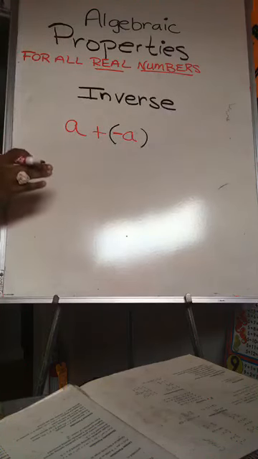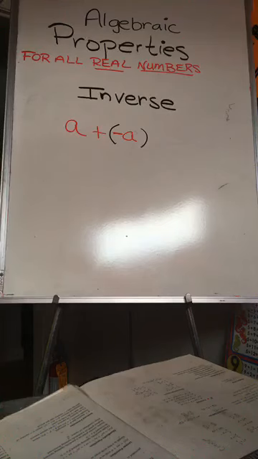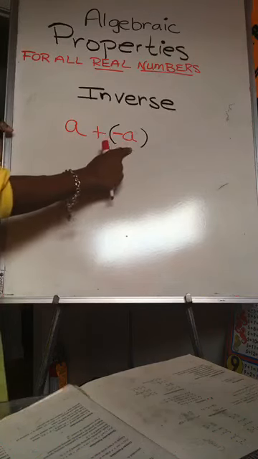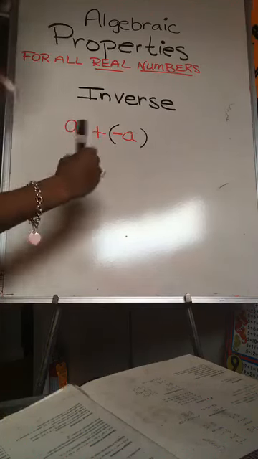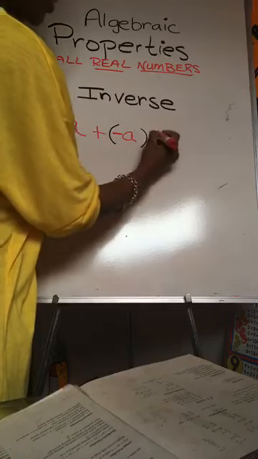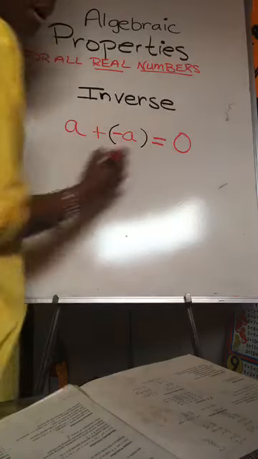Your variables can be from A to Z. You can pick any variable to represent in algebra. Okay? So here we have A plus a negative. So this is A and this is the opposite. This is positive A, negative A. So what do you think that's going to give us? This is equal to 0.